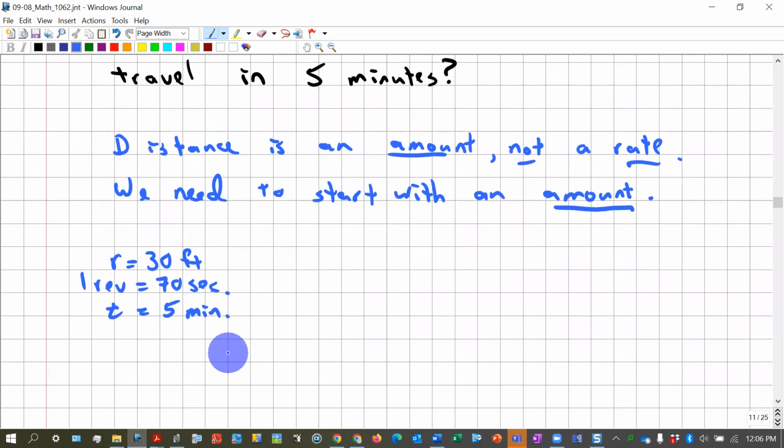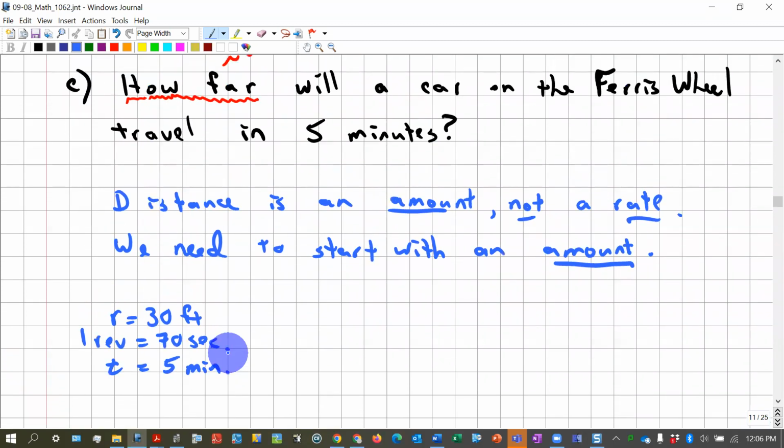And the question says, what is the distance? What is that amount when the time is 5 minutes? Which is also an amount.